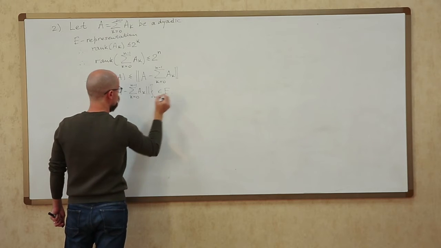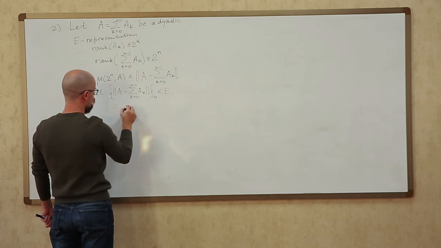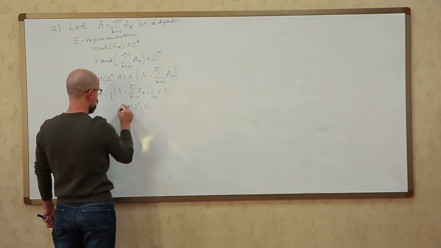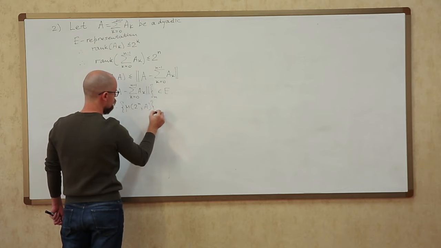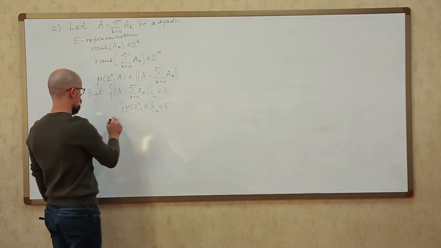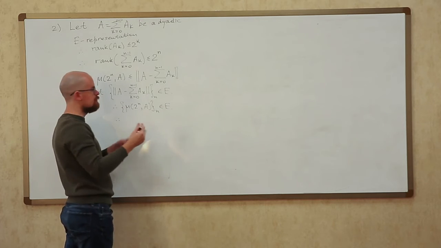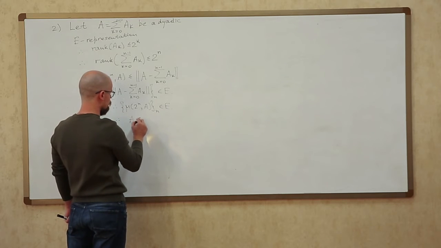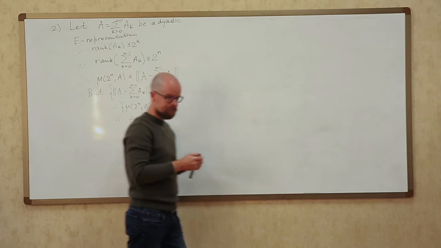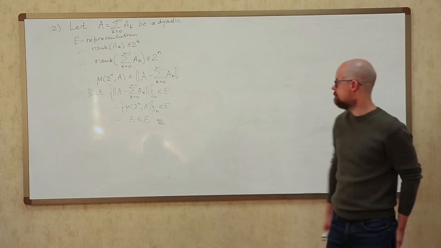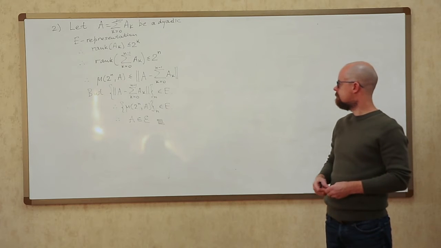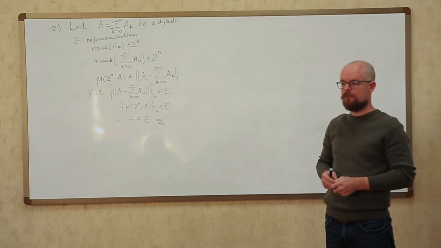Therefore, mu of 2^n A also belongs to E, since E is the monotone sequence ideal. And this, by the Pietsch correspondence, means that A belongs to curly E. Fairly simple proof, I would say.